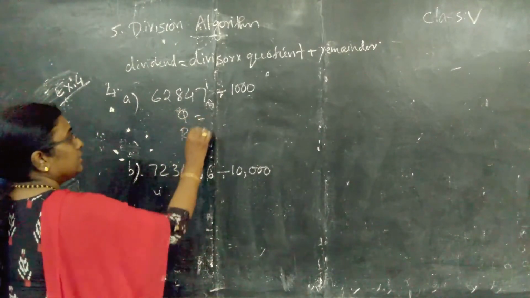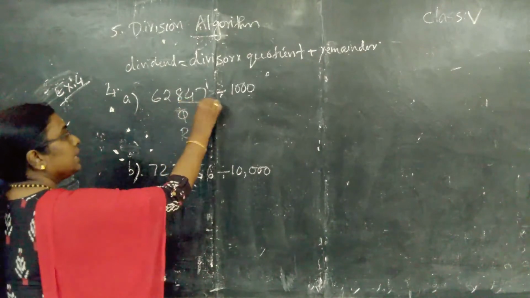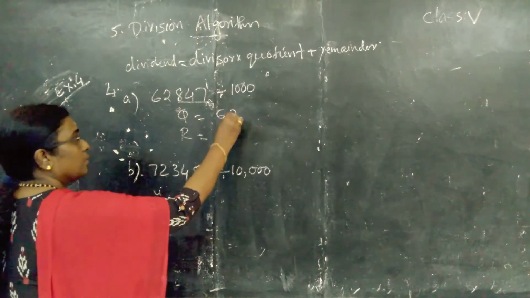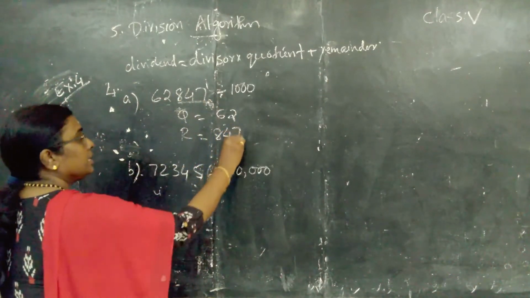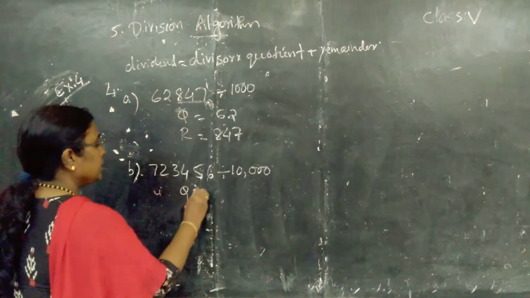What is the quotient here? In order to get the quotient, we remove the last 3 digits. Then we get 62 as the quotient and the remainder is 847.